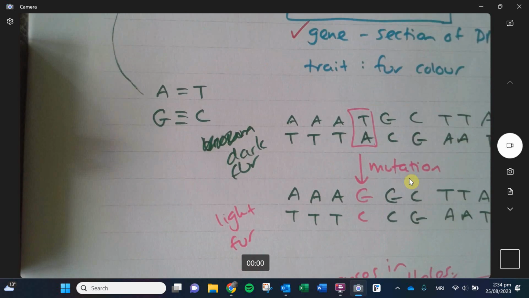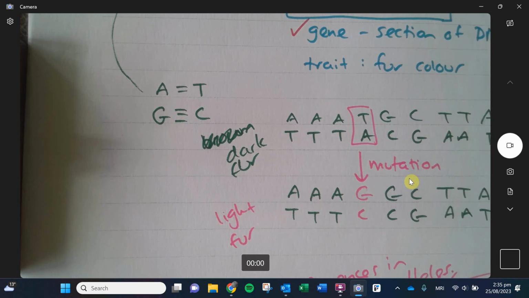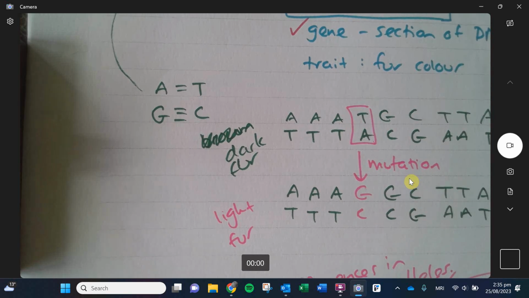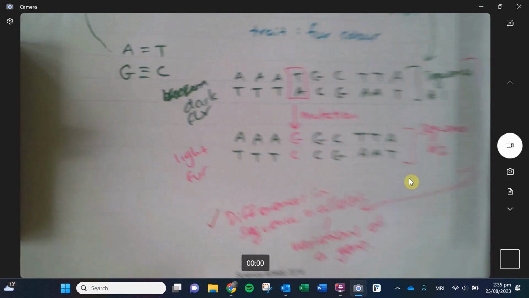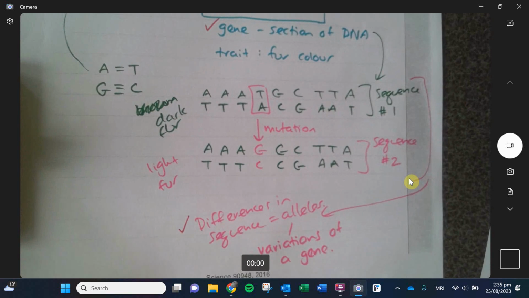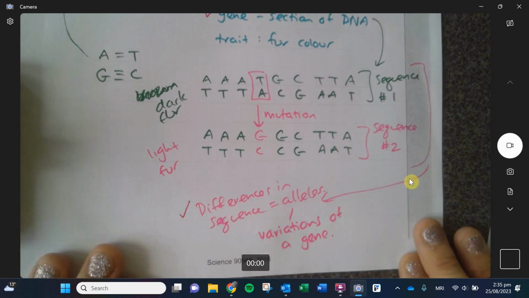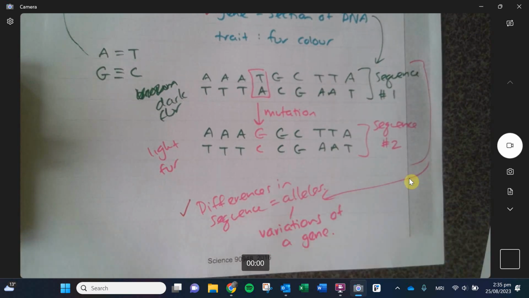And I have also defined allele. I've talked about the differences in the sequence. The other thing I could add for my allele as a definition is we could say variations of the gene. So in this case, my gene is for fur color, and we're talking about the variations in the fur color.